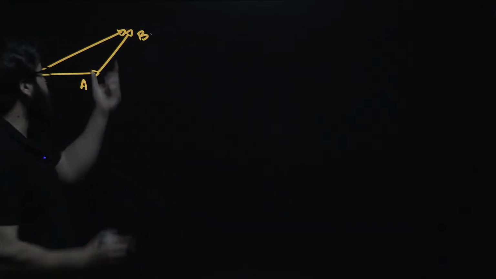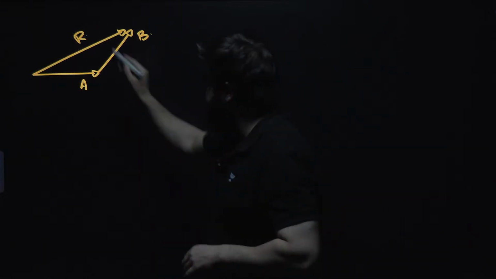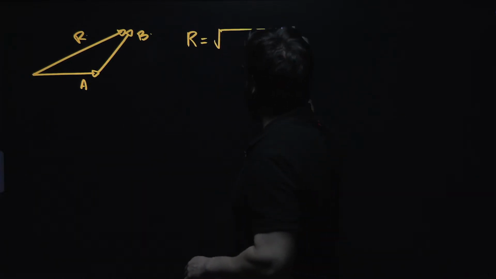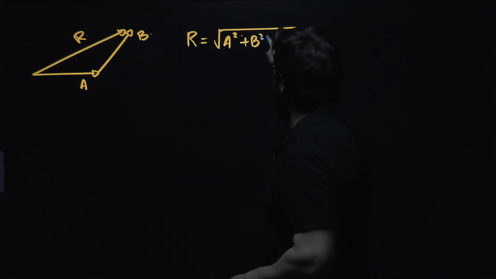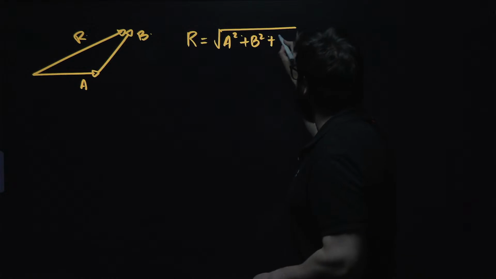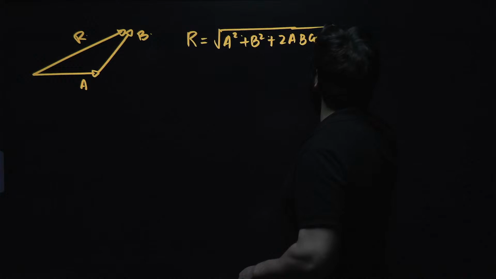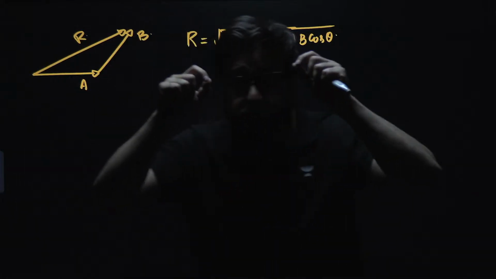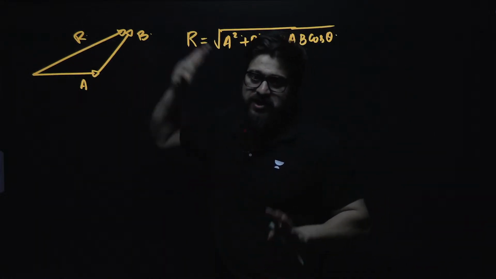So the triangle law simply helps you to find the resultant of two vectors. The resultant is the square root of A square plus B square plus 2AB cos theta, where theta is the angle between A and B. This we have already studied.